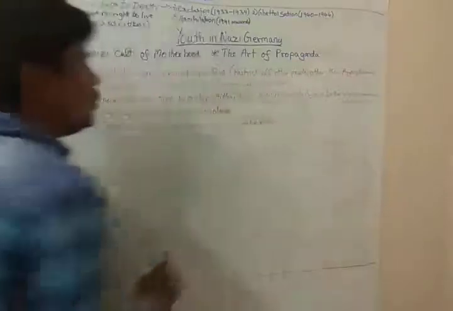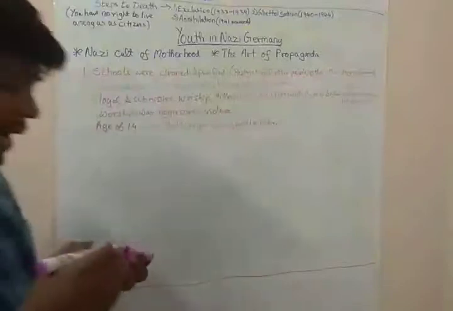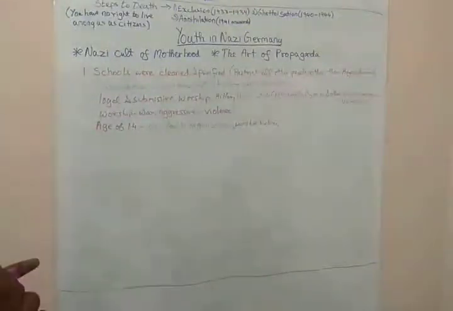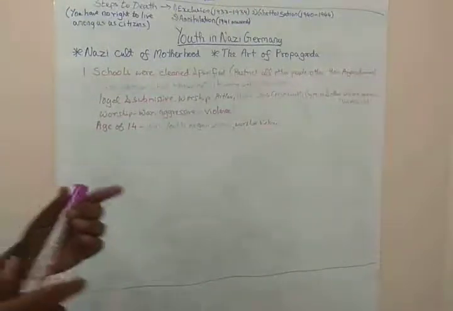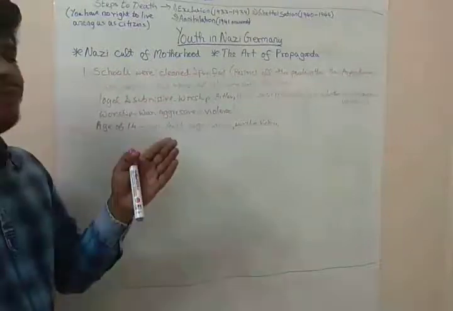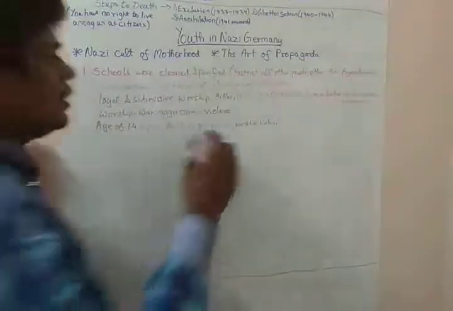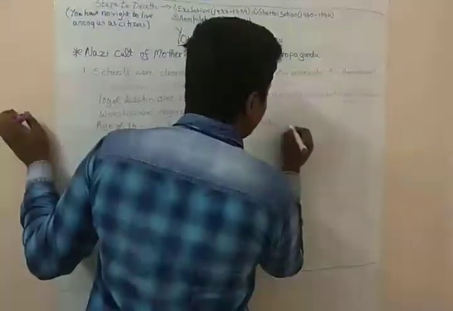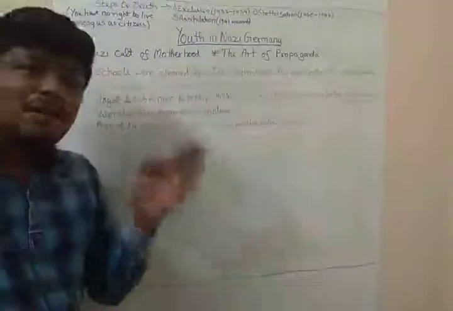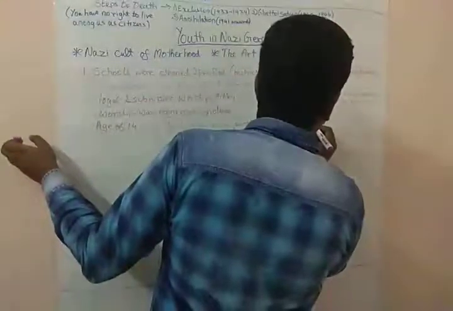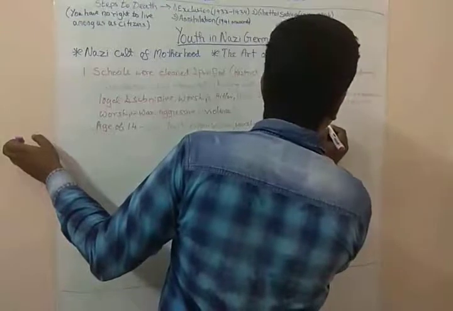And one more thing they have to do is condemn the thoughts opposed to the Nazis in Germany. What was condemned in Germany? Democracy was condemned, right? So they should condemn democracy.